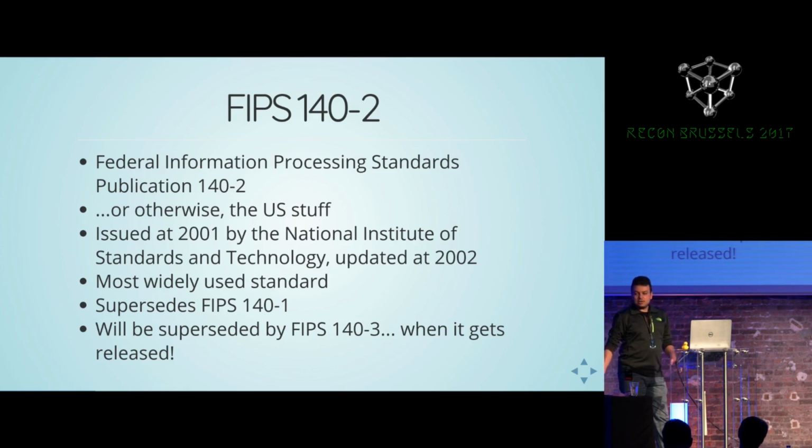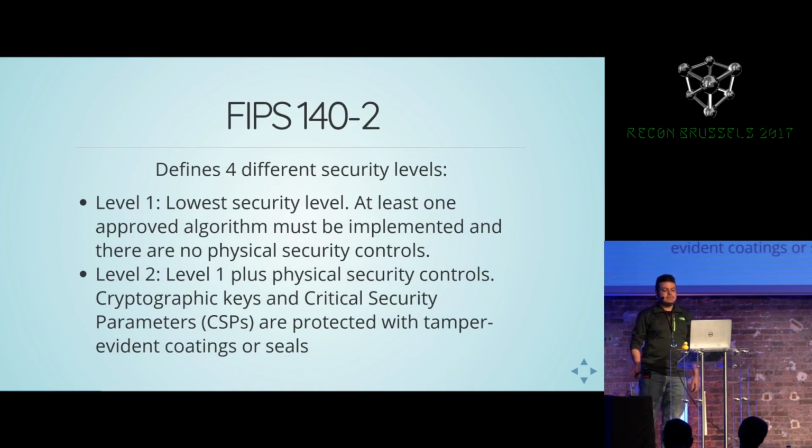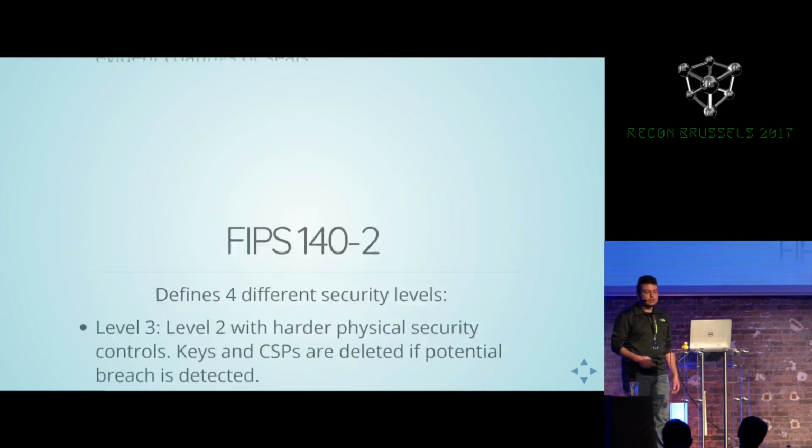There's a very funny story behind FIPS 140-3. Three different drafts have been written so far, but none has been signed by the Secretary of Commerce. It specifies four different security levels. The first level has some requirements about the algorithms that are implemented. Level 2 adds some physical security controls.